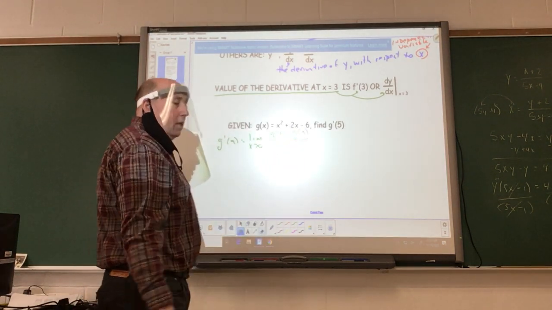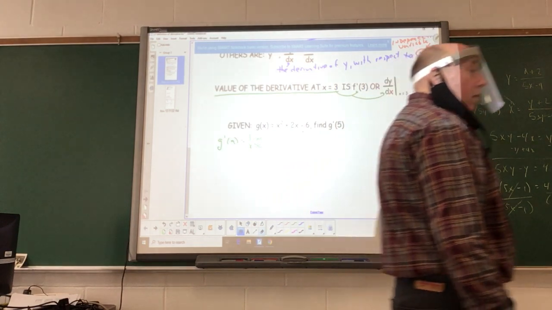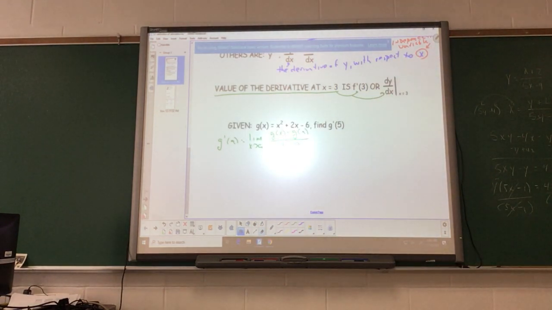Well, now I'm dealing with g there, so I'm going to change my variable to g. My g prime at a is the limit as x approaches a of g of x minus g of a over x minus a. Once again, we'll go back to the idea of our delta y over delta x.